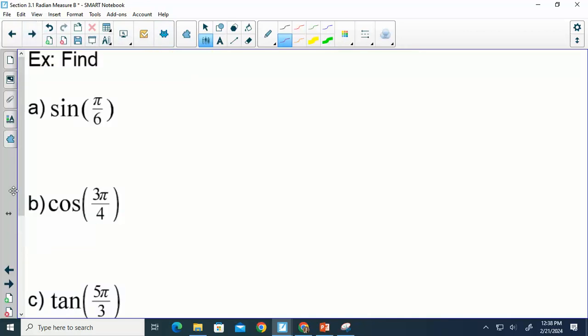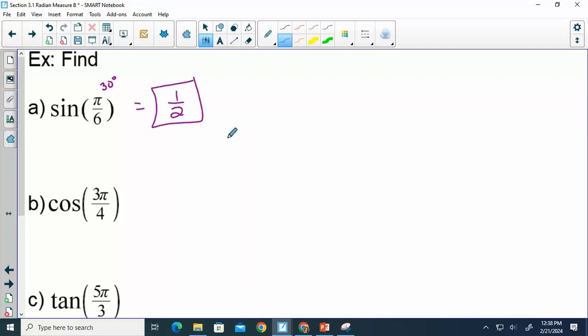So if I ask you to find the sine of pi over 6, no, exact values. So we just need to think. When I see pi over 6, what degree measure is that? What's the sine of 30 degrees? That would be 1 half.